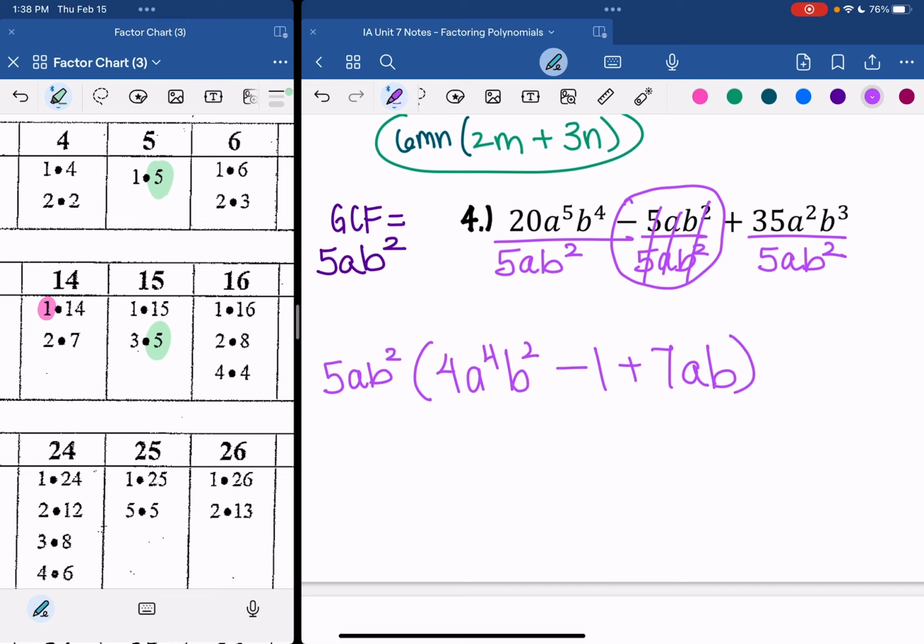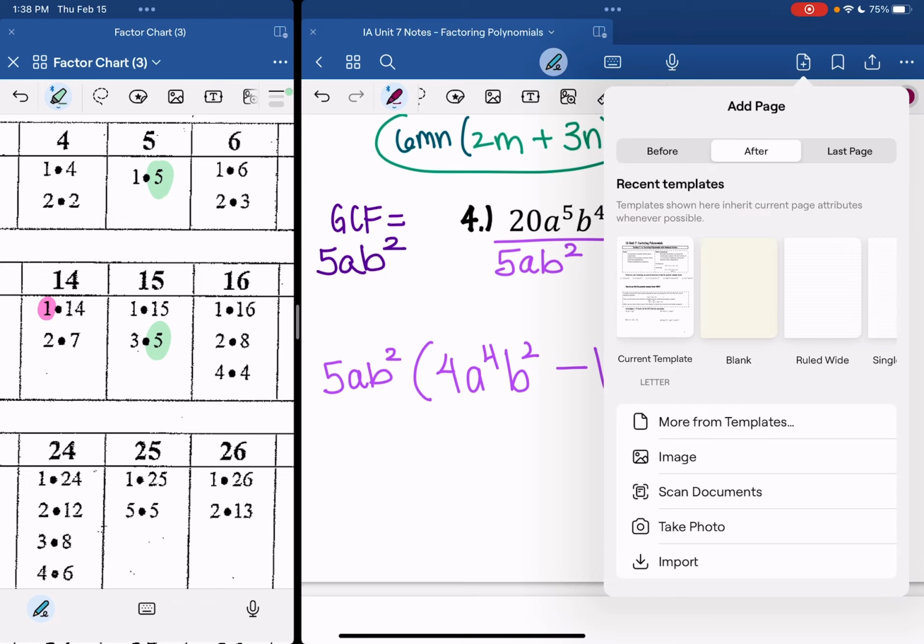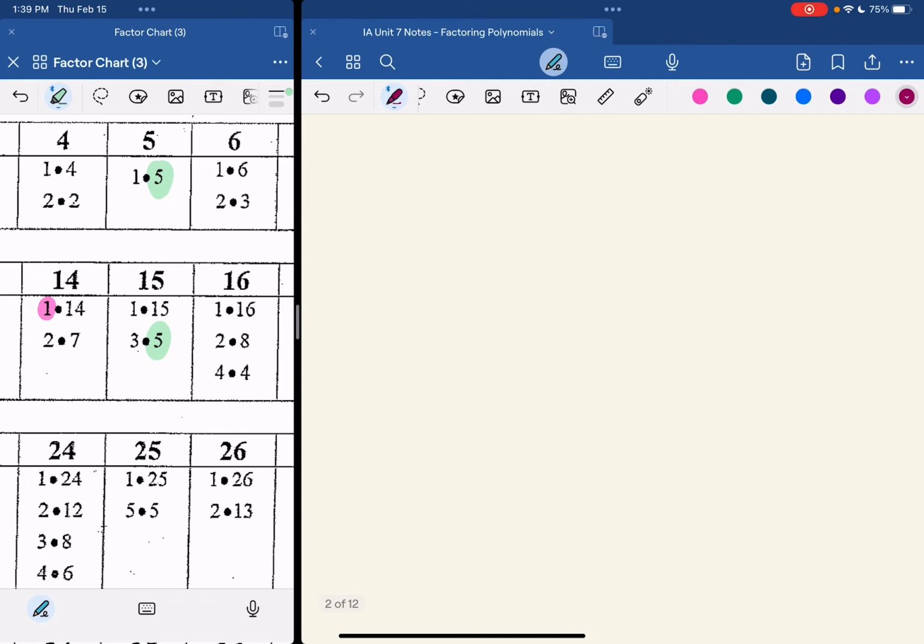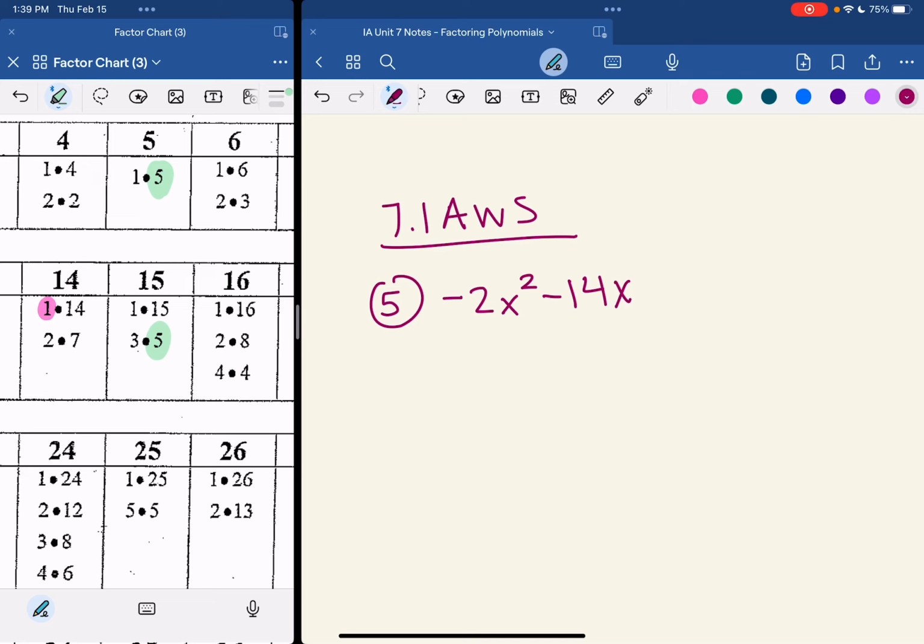Now for your homework, if we look at number 5 on your homework for today, so 7.1, a worksheet, number 5 is negative 2x squared minus 14x.